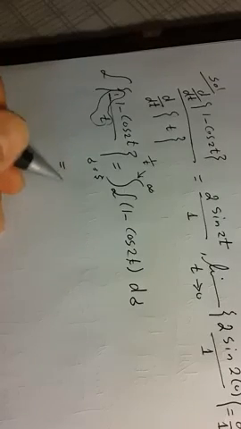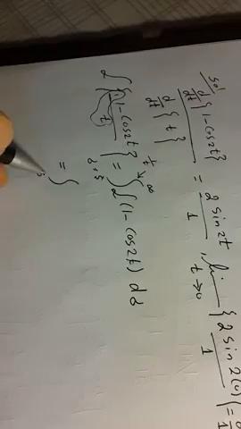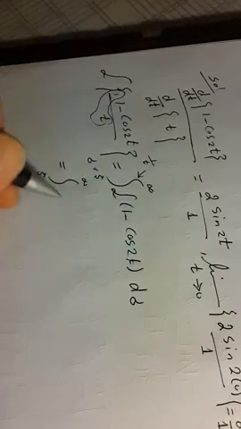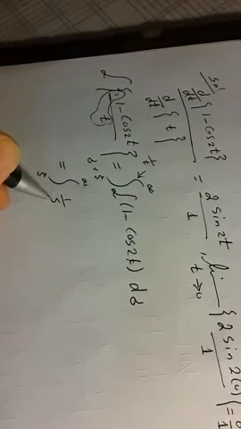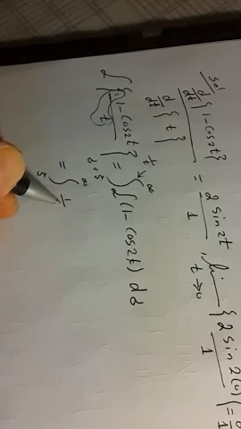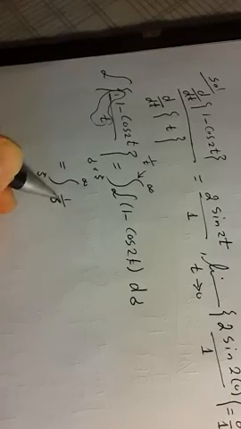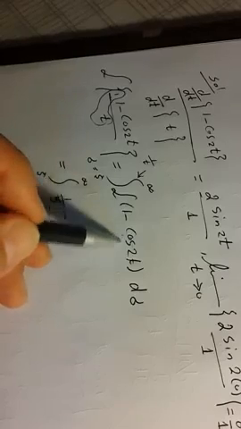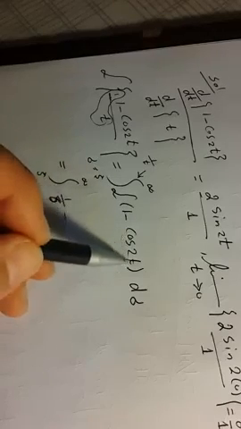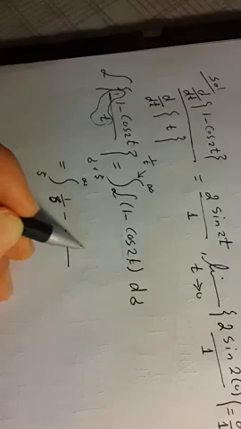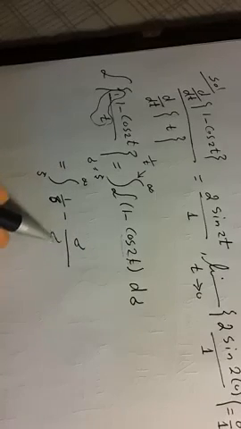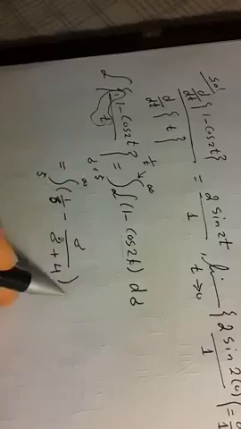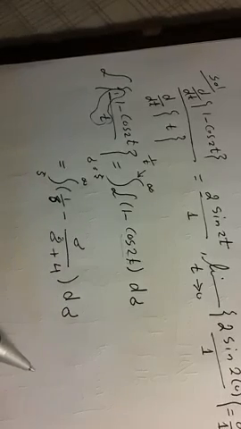This equals the integral from s to infinity of the Laplace of 1, which is 1 over sigma, minus the Laplace of cosine 2t, which is sigma over sigma square plus 4, d sigma.